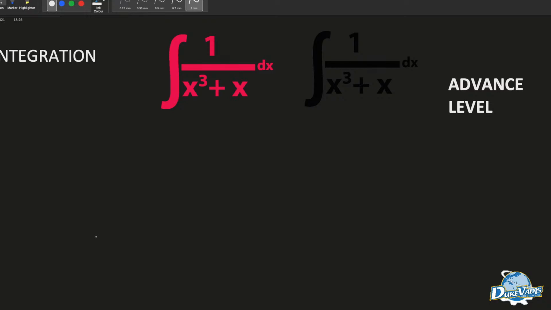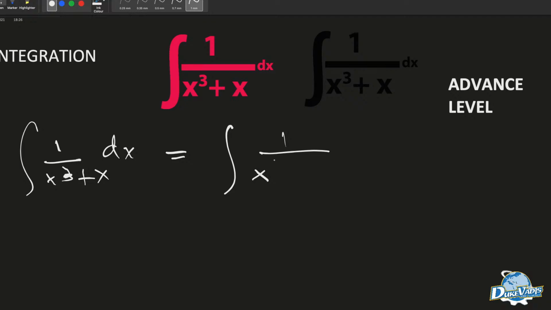We can say that the integral of 1 over x cubed plus x dx can also be written as 1 over x cubed into bracket 1 plus x to the power negative 2 all into bracket dx.